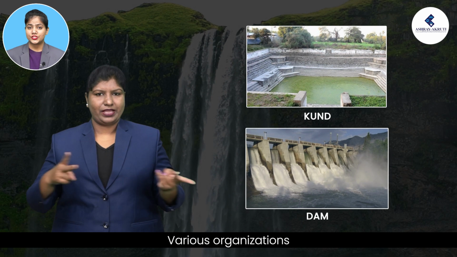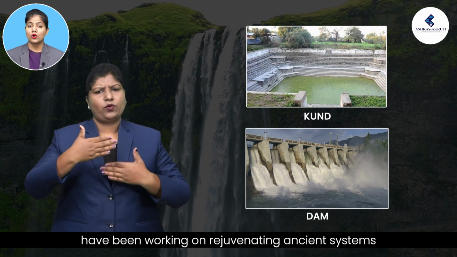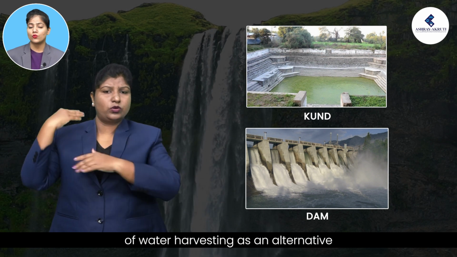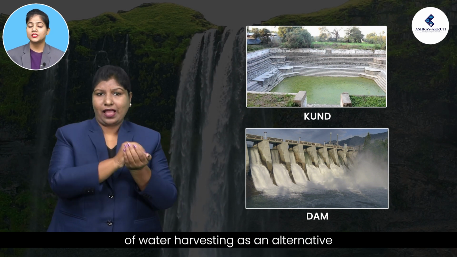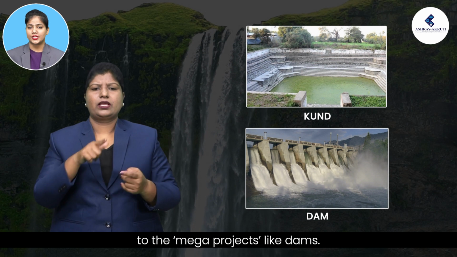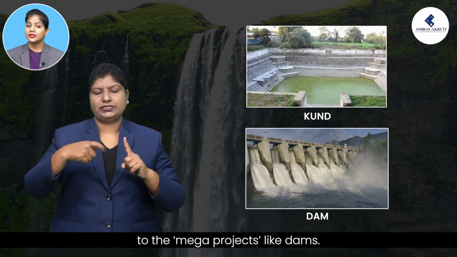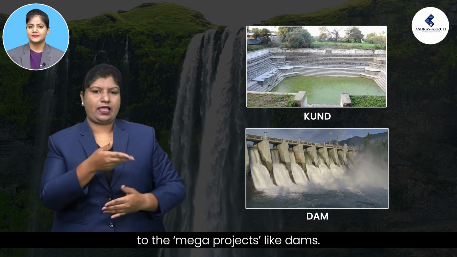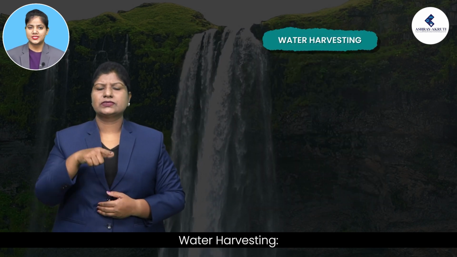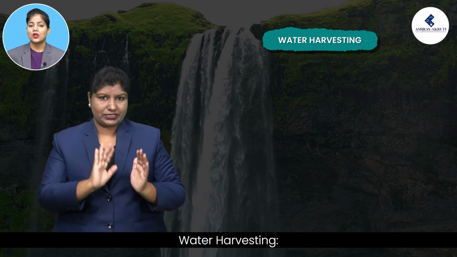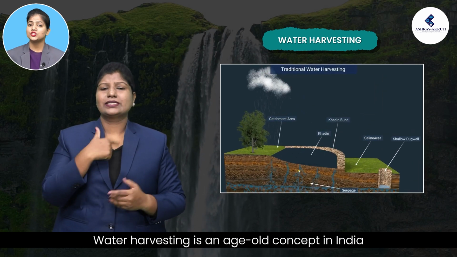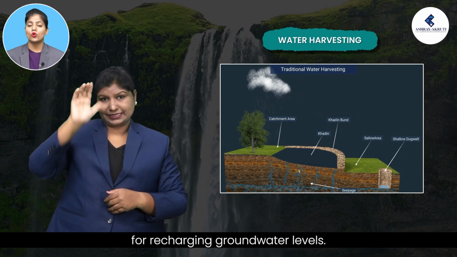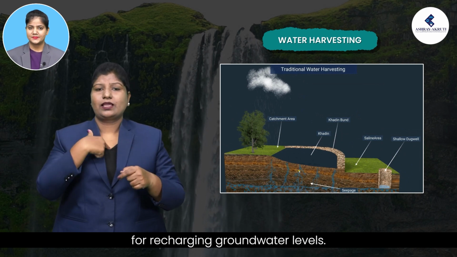Various organizations have been working on rejuvenating ancient system of water harvesting as an alternative to the mega projects like dams. Water harvesting. Water harvesting is an age-old concept in India for recharging groundwater levels.